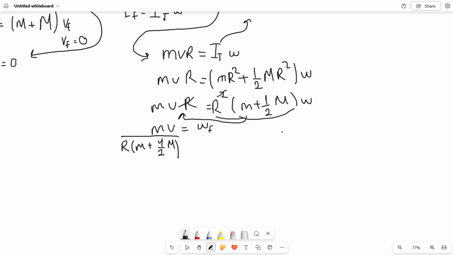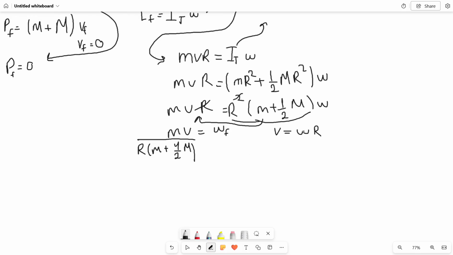And we need to find out the final velocity. The velocity equals omega times r. We know omega, we know r. Let's write this down. The velocity equals m v r divided by (m plus 1/2 m) r, and these r's are gone.